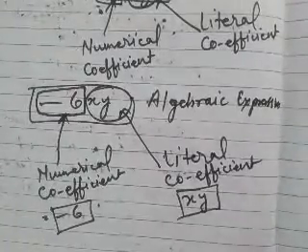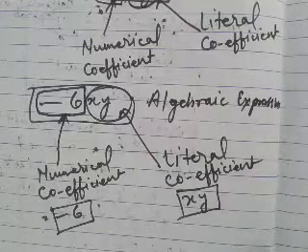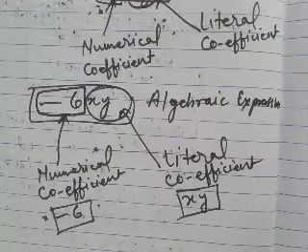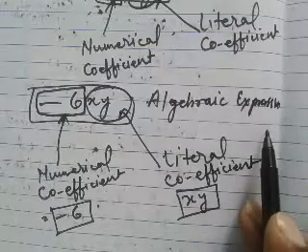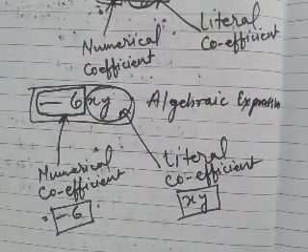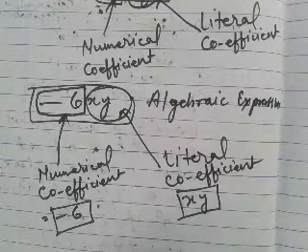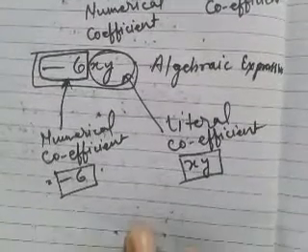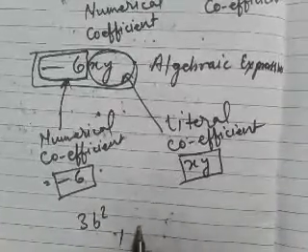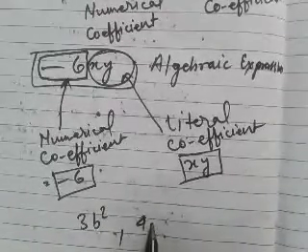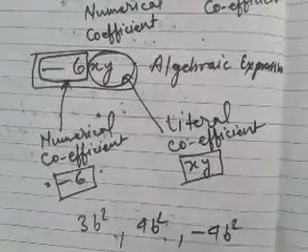On the basis of the numerical coefficient and literal coefficient, we can easily distinguish whether an algebraic expression consists of like terms or unlike terms. Suppose that here we have 3b square, 4b square, minus 4b square.